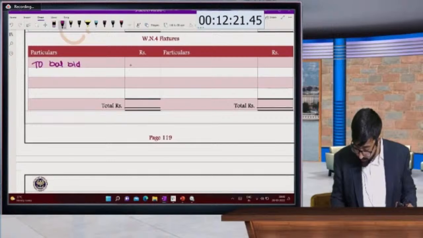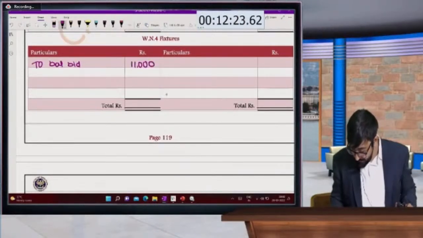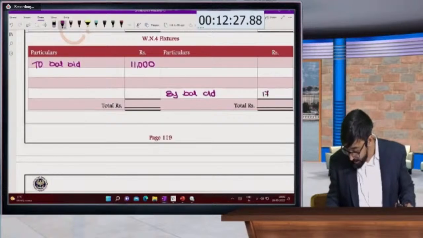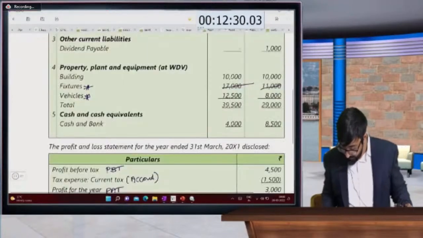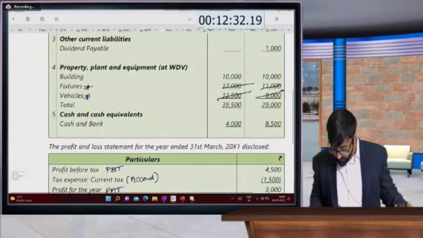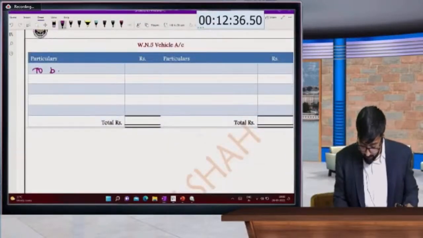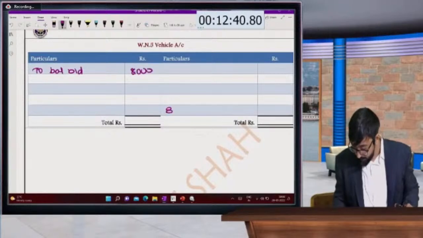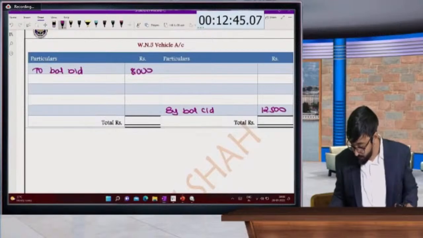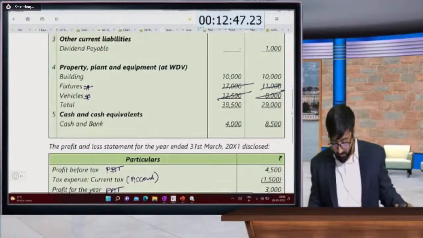To balance brought down, debit plus. And last line, by balance carried down, 17,000. Vehicle, 8,000 and 12,500. To balance brought down, 8,000. And by balance carried down, 12,500.